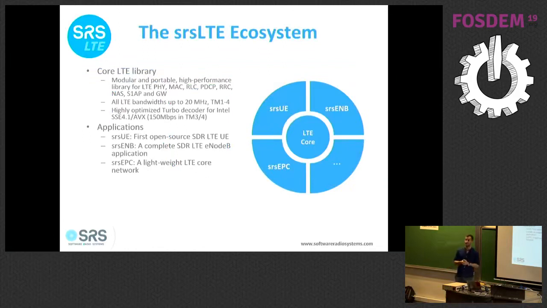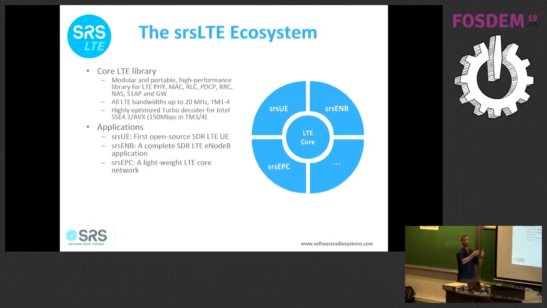So the srsLTE ecosystem, as you might know: srsLTE is first of all a library, a C library, which we use for a variety of applications, and it basically implements the PHY. That's why it's a core LTE library really, as well as common blocks that we share in upper layers, so from PHY, MAC, RLC, PDCP, RRC, you have helper functions that are shared.